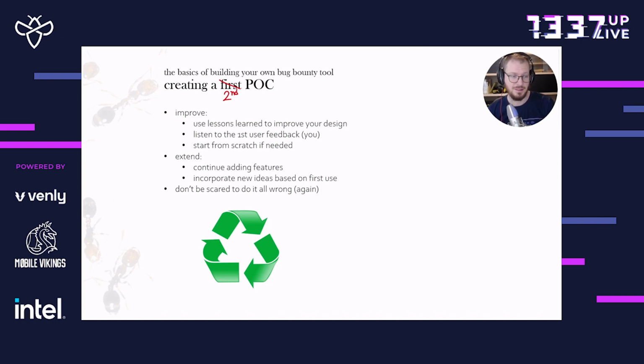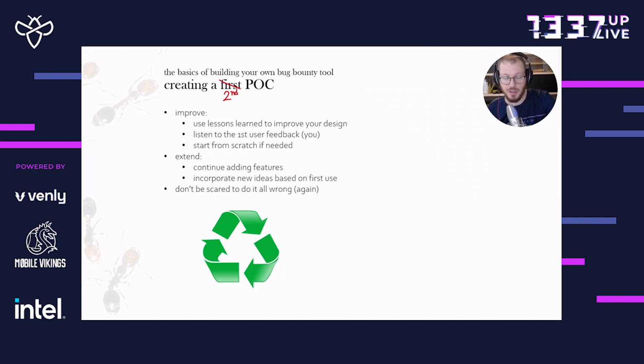And this is maybe a hard one to swallow, but it's not necessarily intended to be: you can start from scratch if you need to, and often it will allow you to steer clear from ways that you did things the first time that maybe aren't ideal. But in some cases, it really is necessary. For example, the first time I built my BBRF, again proof of concept, I wrote it all in the Python Django framework, which eventually turned out to be not as flexible as I wanted it to be.